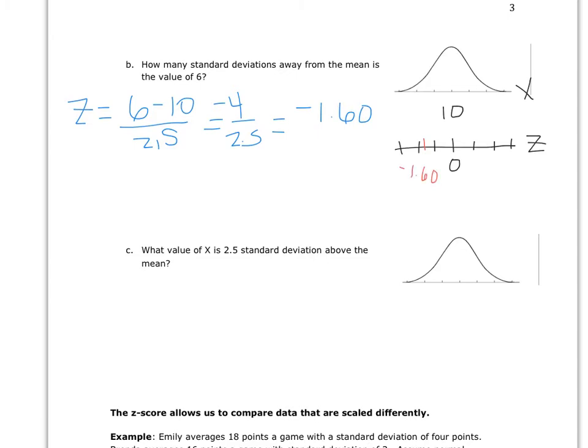That gives us the relative distance away 6 is from 10. So we could put the 6 right there. And so we could say that 6 is 1.6 standard deviations away, and because it's negative, that means it's less than or below the mean.